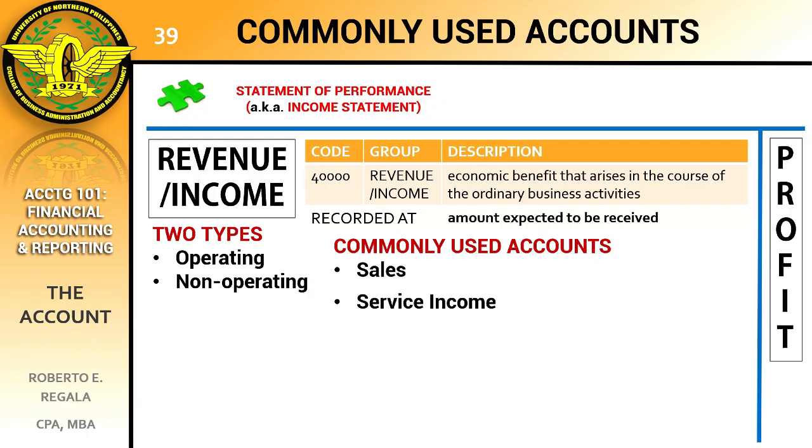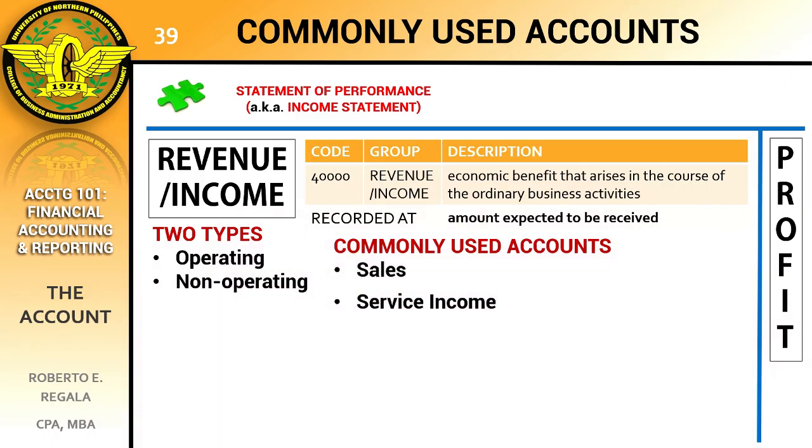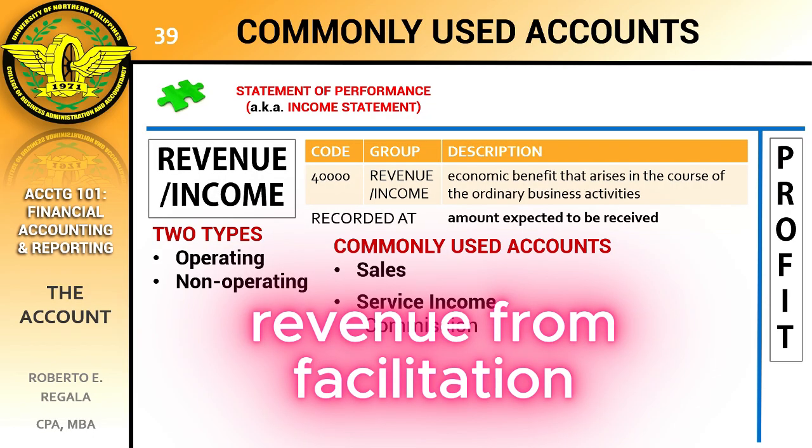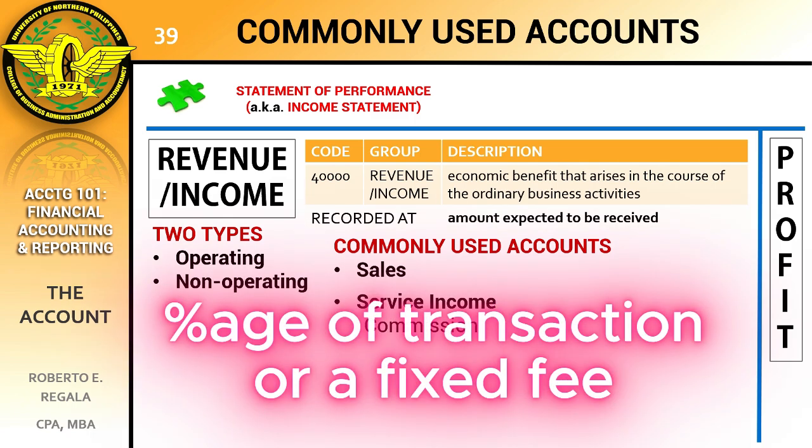Service income. This is a general term used by service entities. It refers to the revenue a business earns from providing services to its customers rather than selling physical products. Some specific types of service income include commission. This is revenue from facilitating sales or transactions on behalf of another party, usually calculated as a percentage of the transaction value or a fixed fee.